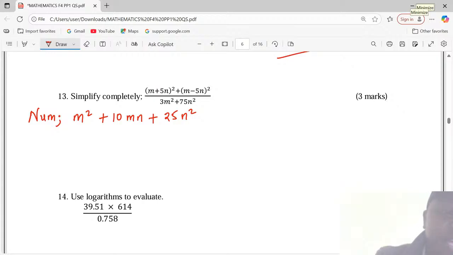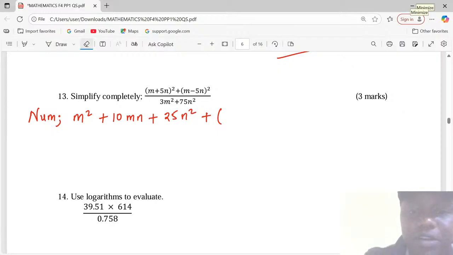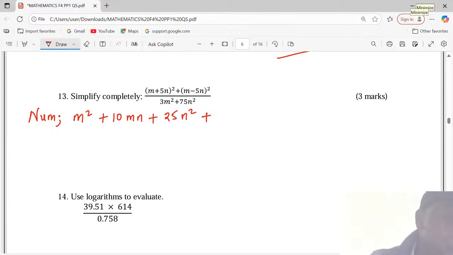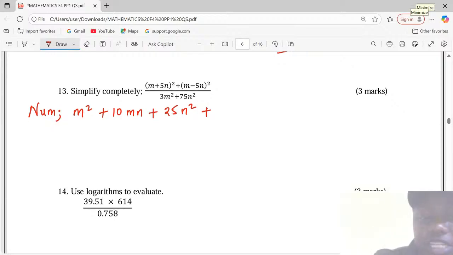That is from the first bracket. Then plus, in the second bracket, we don't even need brackets when it is a plus. Brackets are introduced when it is a minus. So we square the second part: m squared minus 10mn, then plus 25n squared.